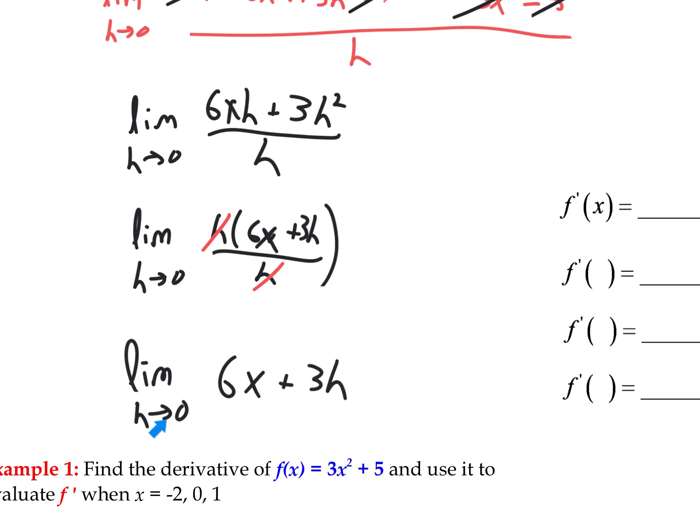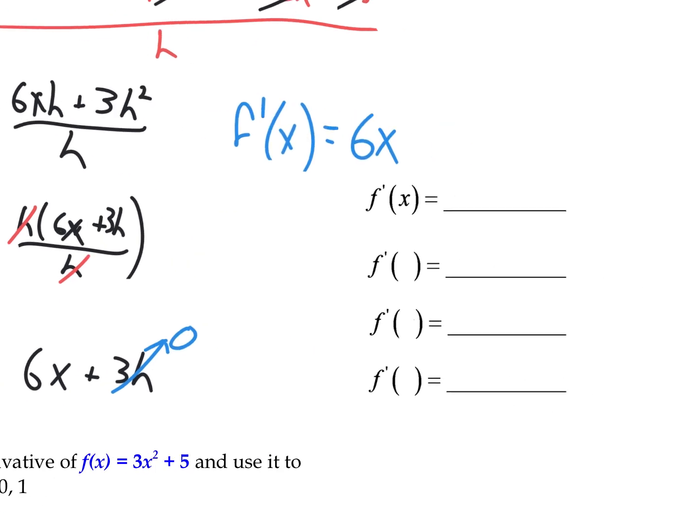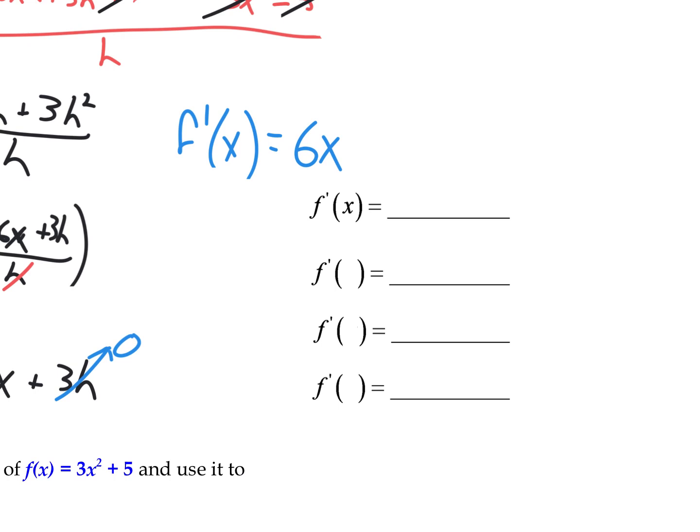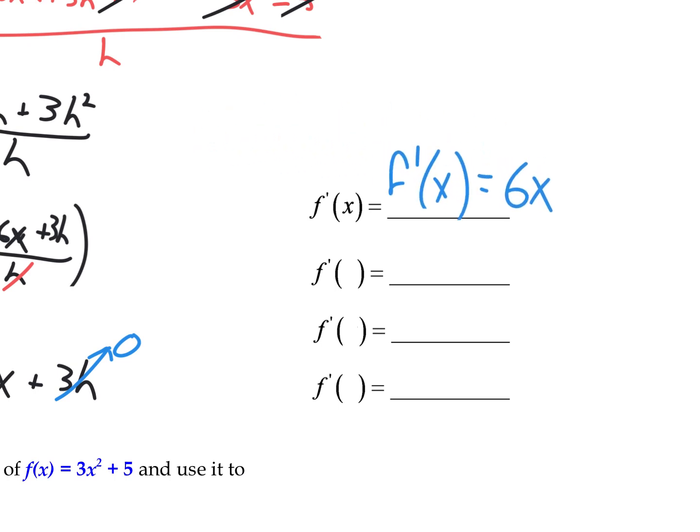At this point, I can plug 0 in for h. When I do that, this term cancels out and becomes a 0. And I'm left with f prime of x equals 6x. That is my derivative function. The derivative of 3x squared plus 5 is just 6x.